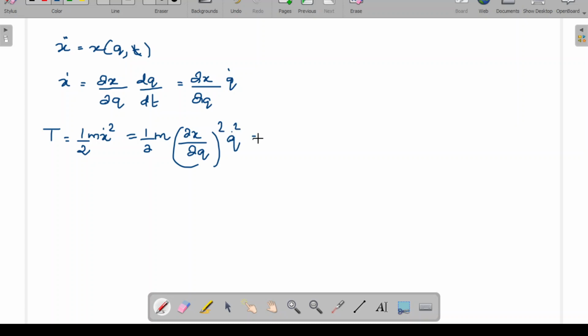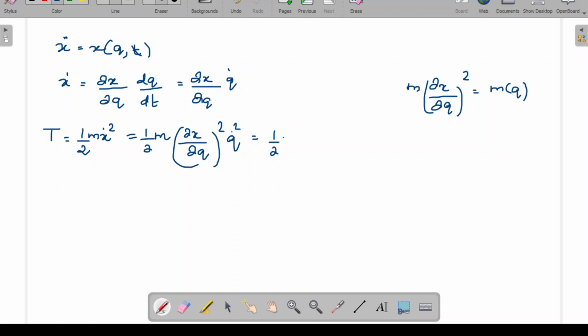Then I am writing this term, that is, I consider m into dou x by dou q the whole square as m, a function of q. So then I can write it as half m, where m of q is a general function of q.